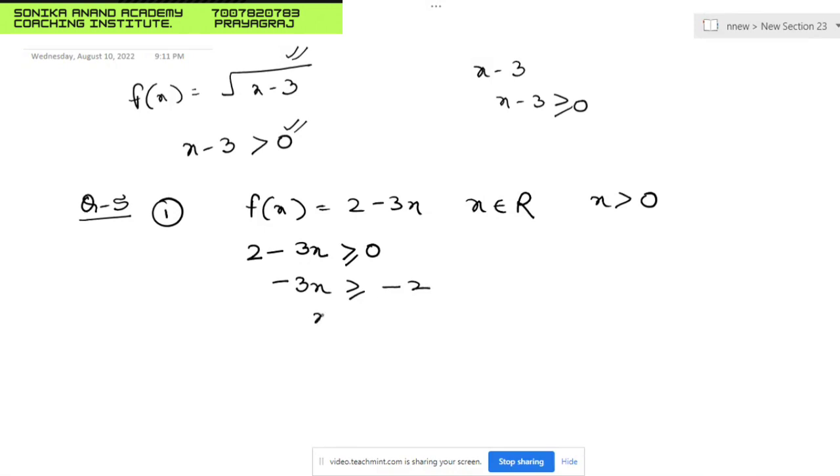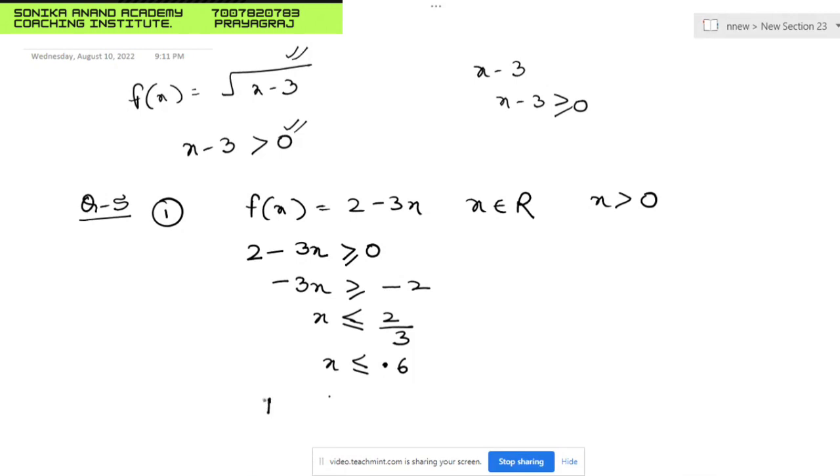So x is less than or equal to 2 by 3. We have to change the sign. So x must be less than or equal to 0.6. Clear?